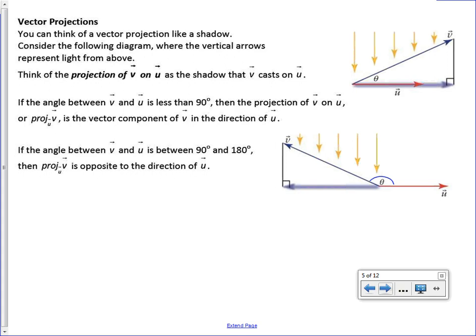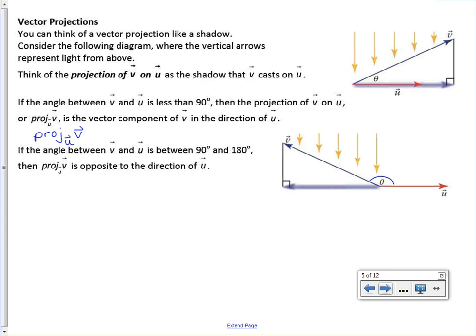Here's the symbol we're going to be using: proj, P-R-O-J, with a subscript vector, and then a regular size vector. The way you read that is the projection of vector v onto u.